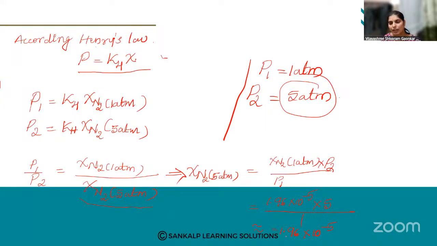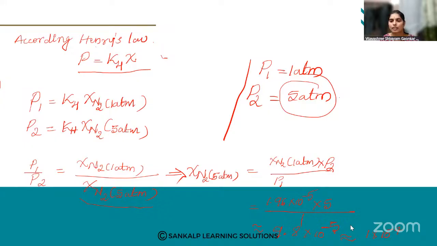So the approximate value is 5 times 2, it comes, right? Slightly less than 5 times 2, that is 9.8 into 10 to the power -5. It can also be written as 1 into 10 to the power -4, right?